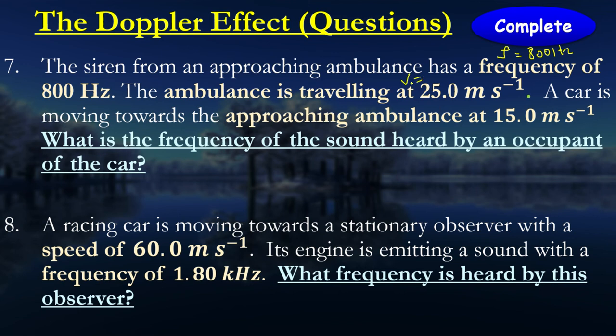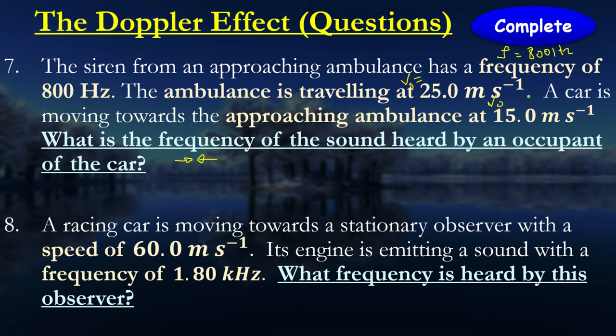We know that the ambulance is traveling at 25 meters per second. A car is approaching the ambulance at 15 meters per second. What's the frequency of the sound heard by the occupant? So this 15 is the velocity of the observer, and they are approaching. Okay, so they are coming towards each other.